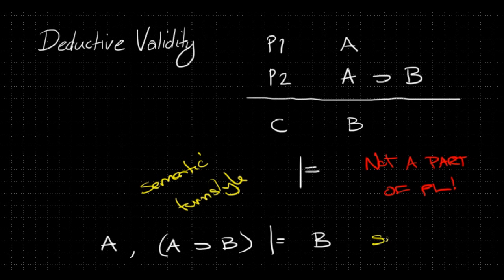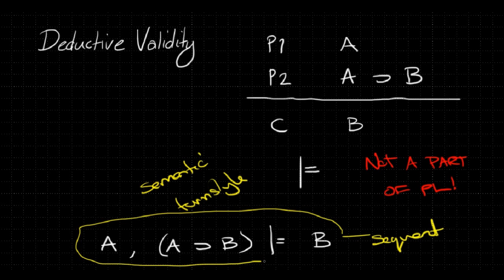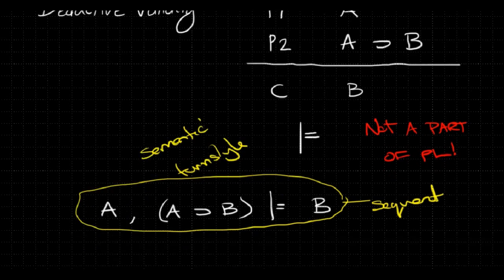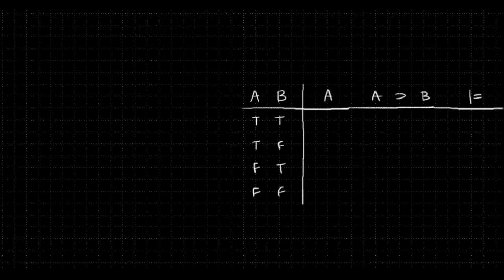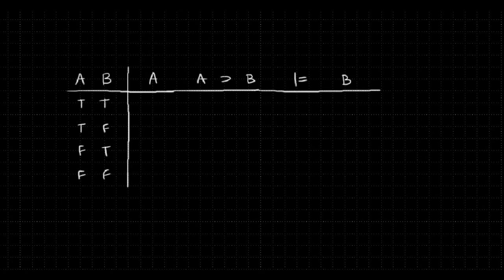Again, let's write that. So that's all of this, a string of formulas arranged in an argument format. And what we can do is use a truth table in order to determine whether that sequent is deductively valid. So, just as we did above, we're going to treat these all as separate formulas.